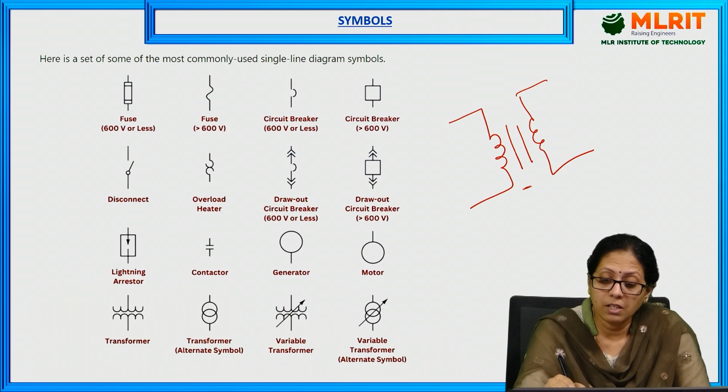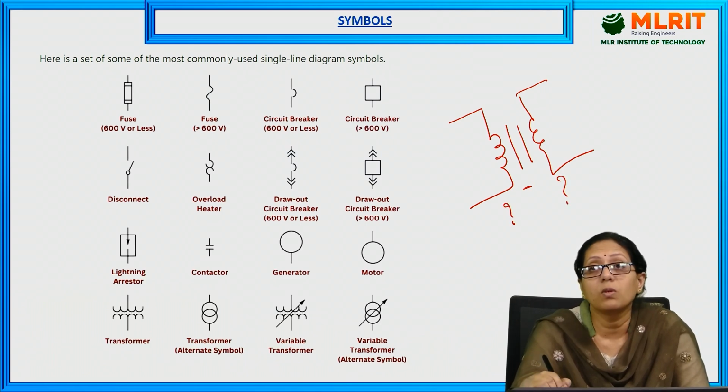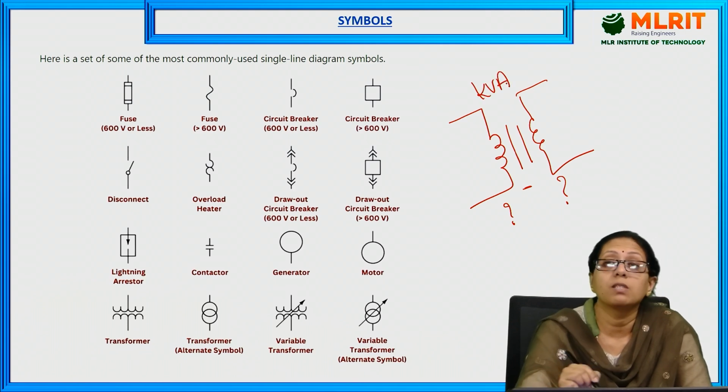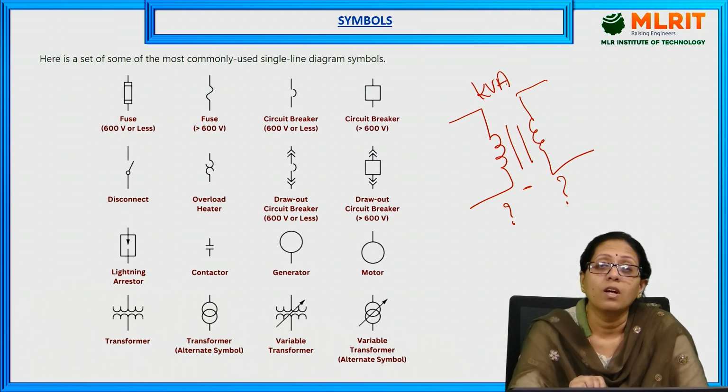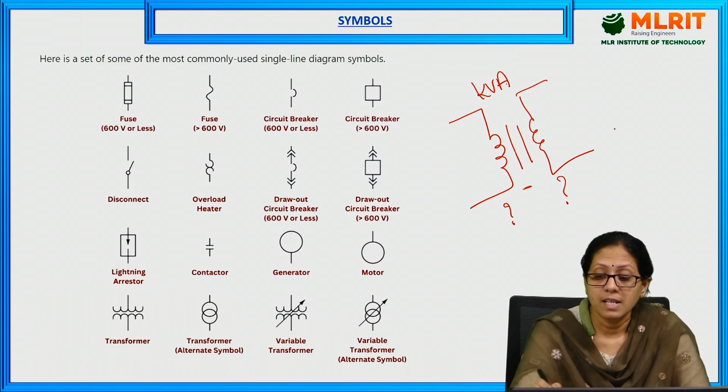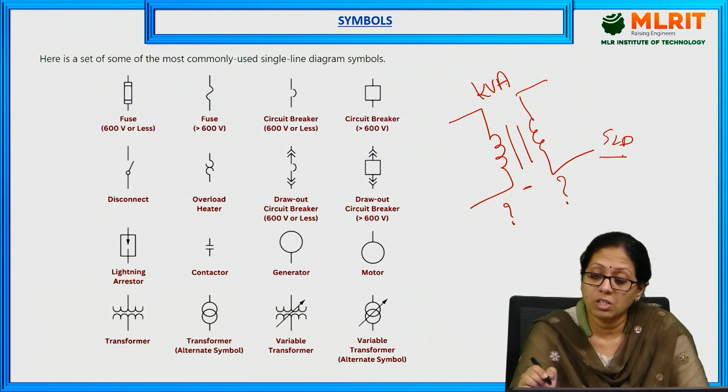So this particular transformer, this voltage we need to know and this voltage we need to know, and the kVA capacity of this particular transformer also we need to know, which is being shown in the single line diagram.